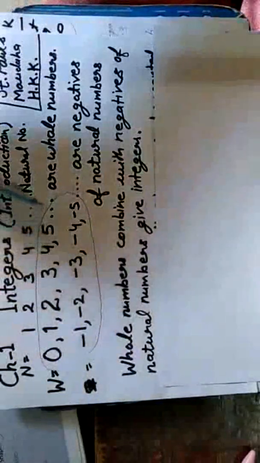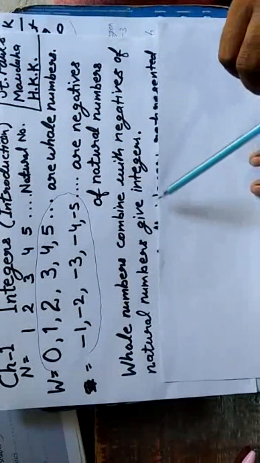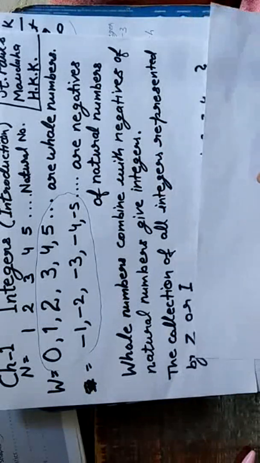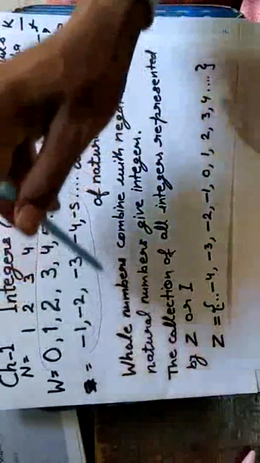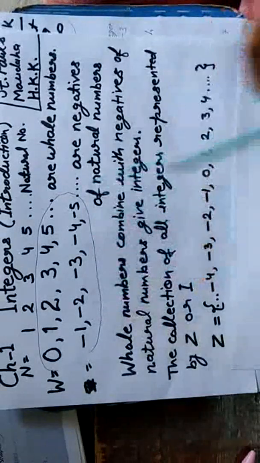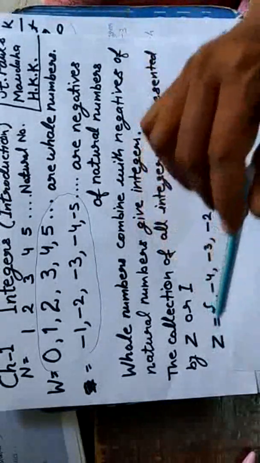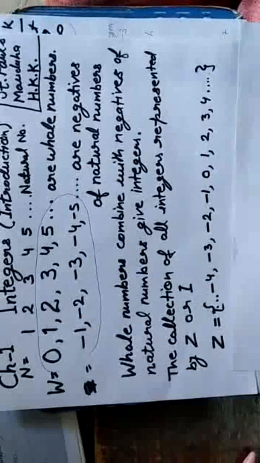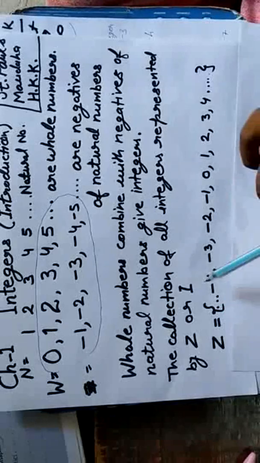Whole numbers 0, 1, 2, 3, 4, 5 combined with negatives of natural numbers give integers. Hence, the collection of whole numbers and negatives of natural numbers is represented by capital Z or capital I.